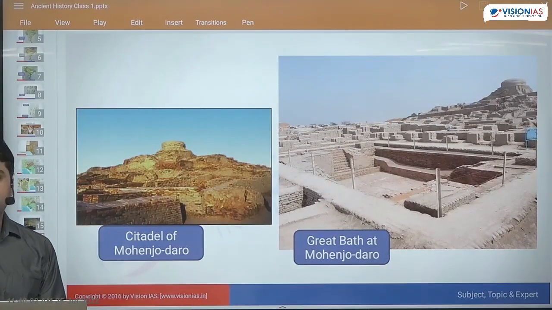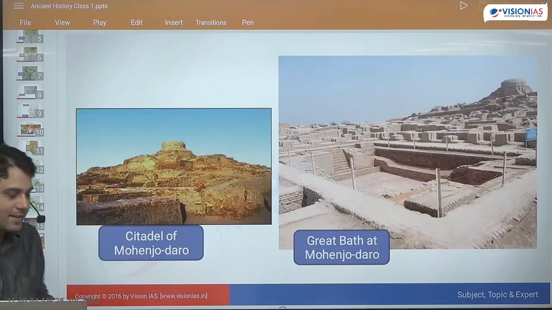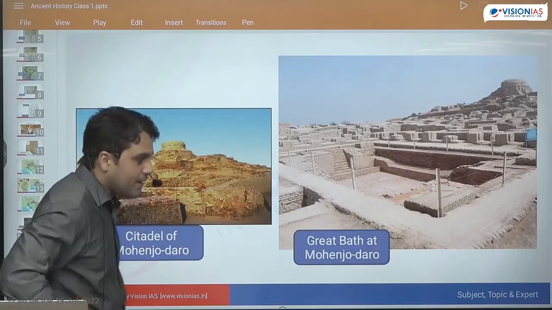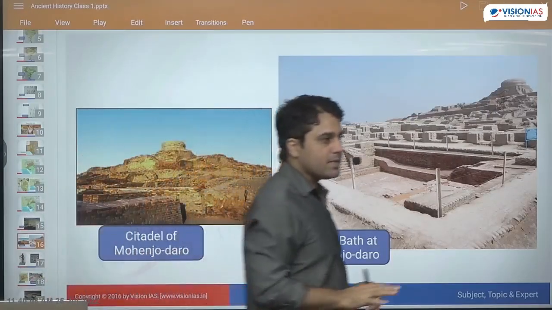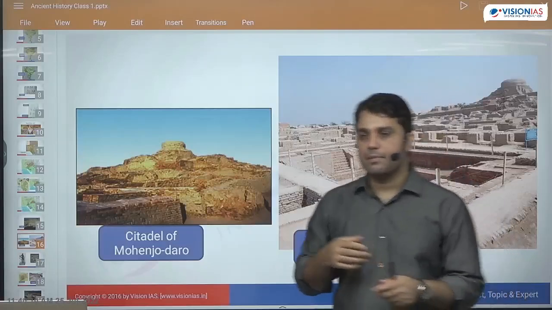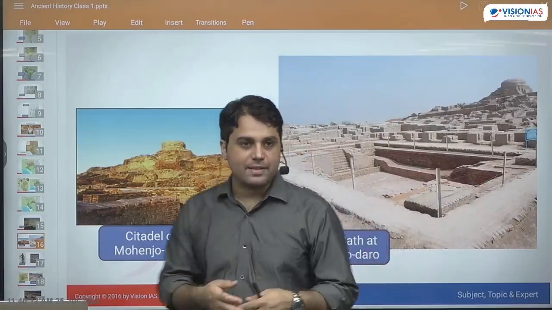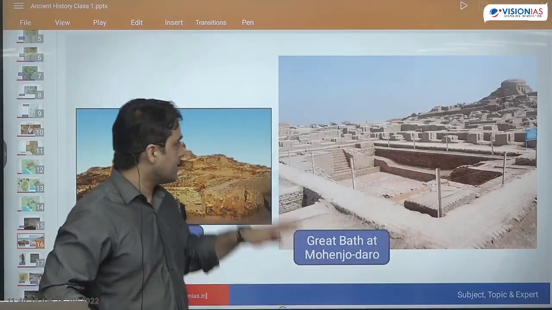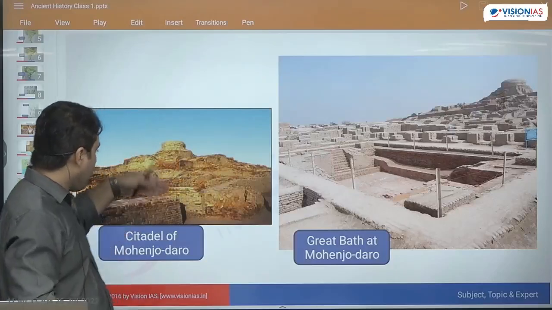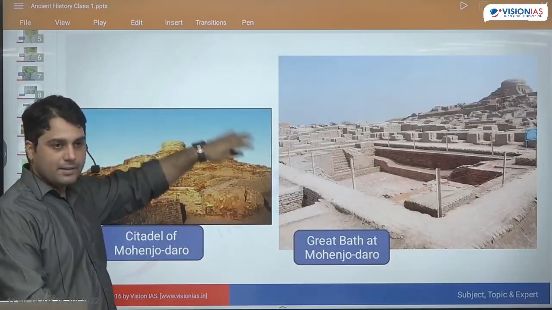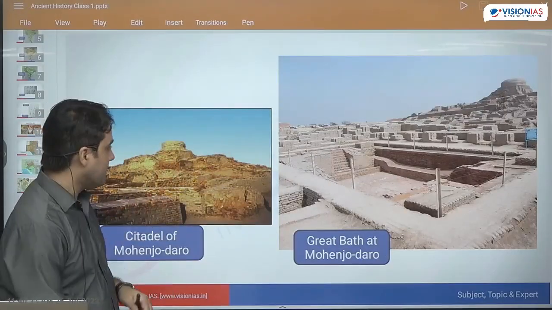Upper town ho sakta hai, and perhaps that can be an acceptable logical conclusion, that upper town may have had many elites and ruling class residing in the citadel, because we find a lot of fortification around the citadel, that the citadel needs to be protected.